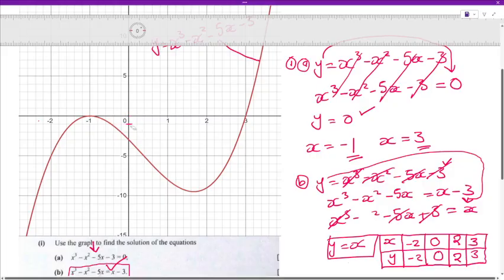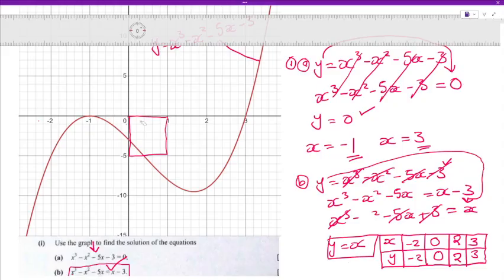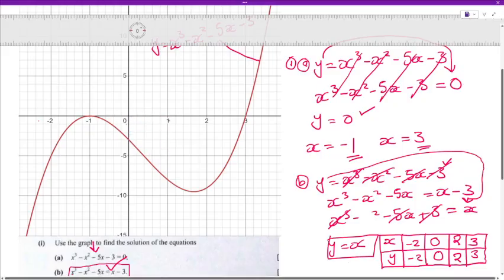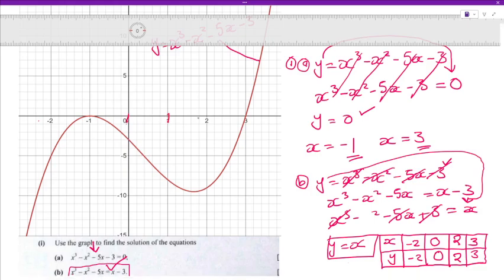This whole box represents 2 centimeters. According to this scale, 2 centimeters represent 1 unit, meaning from here to here it is 2 centimeters, from there to there it's 2 centimeters. That's when it comes to interpreting the scale.